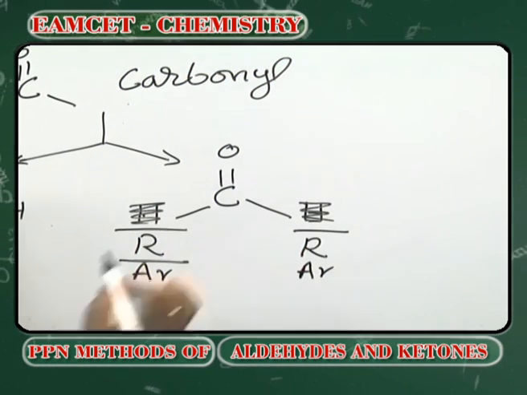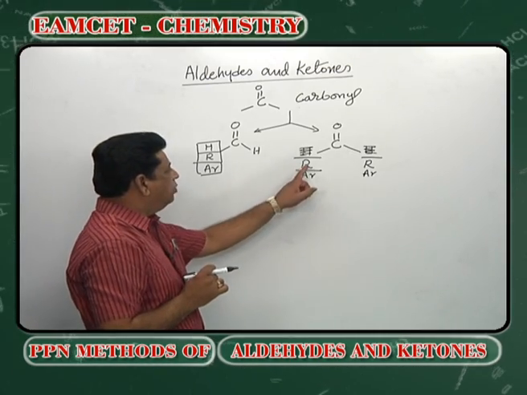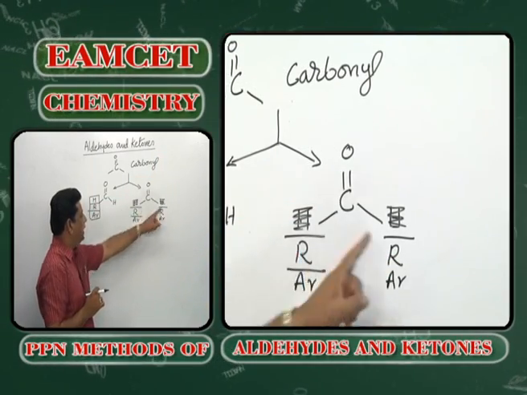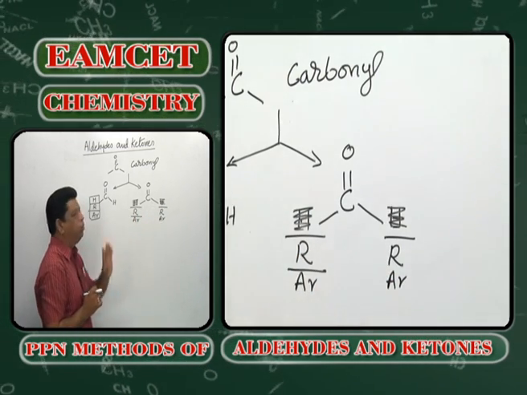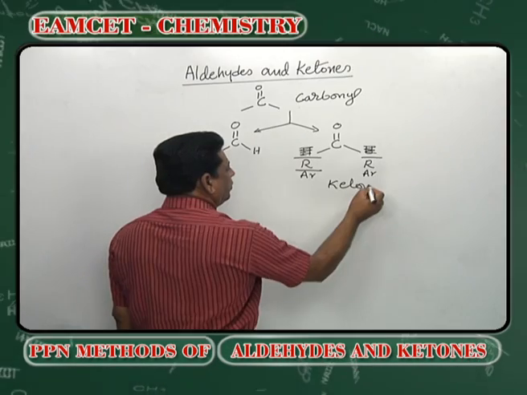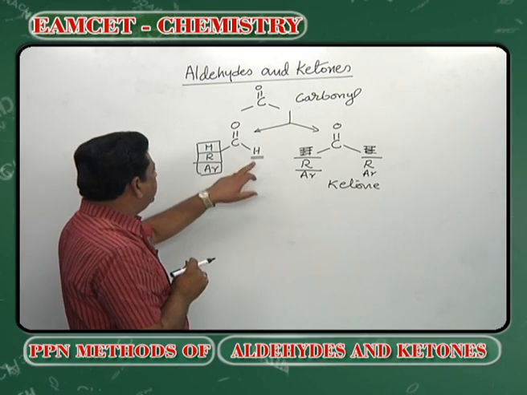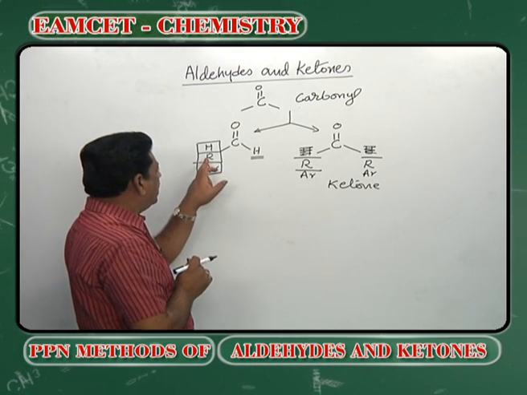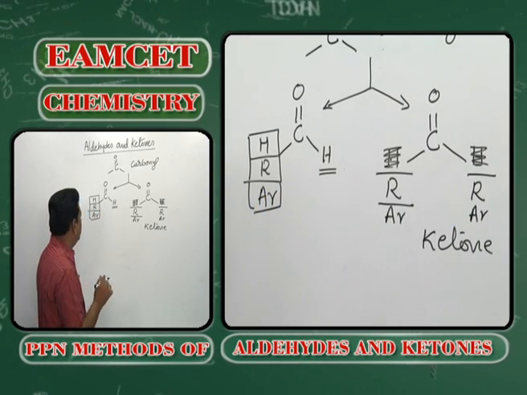If the hydrogen is there, we call it an aldehyde. Two alkyl groups, or one alkyl and one aromatic, or two aromatic, is known as a ketone. Here one hydrogen is allowed: either both sides hydrogens, or one alkyl and one hydrogen, or one aromatic and one hydrogen, is known as aldehydes.